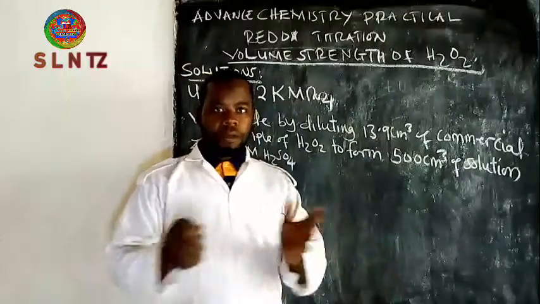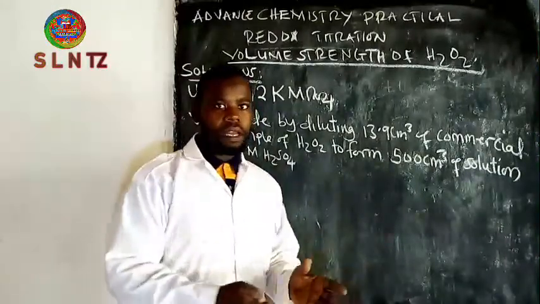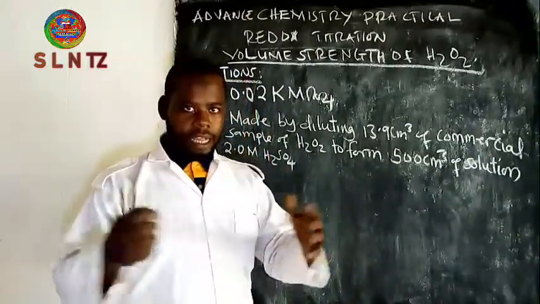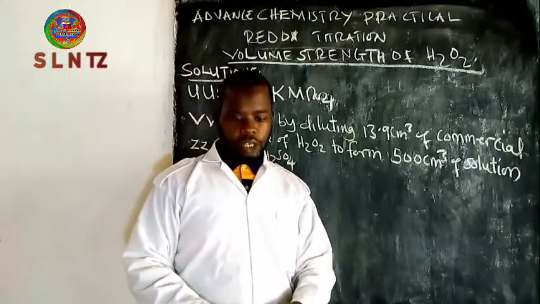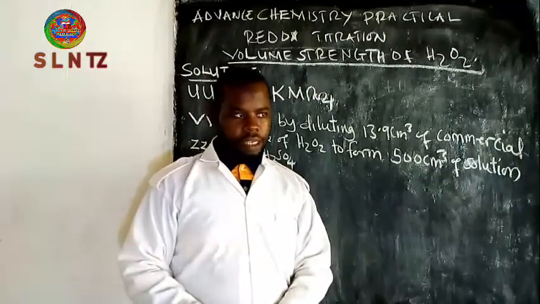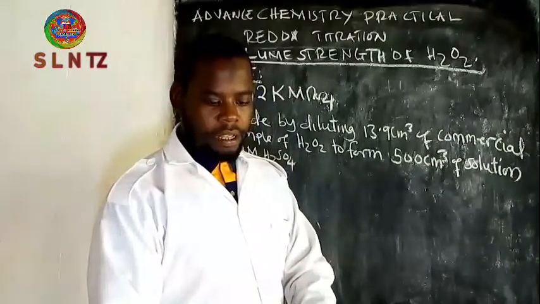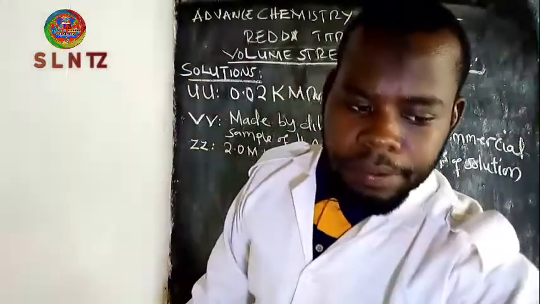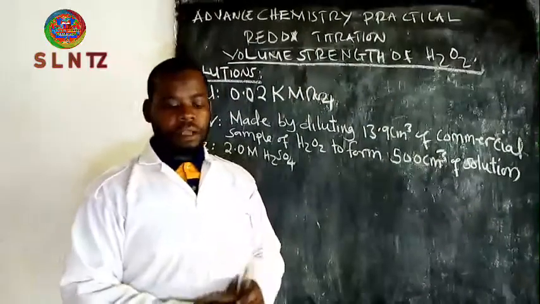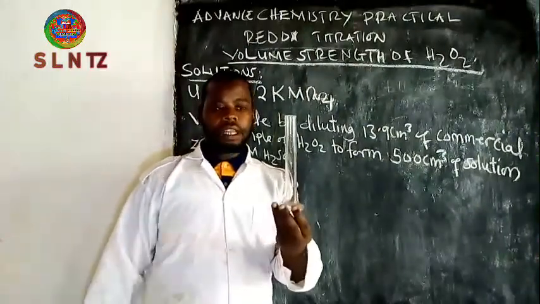One step at a time, I will show you, and I will show you the ending color of our experiment. Let's restart. After filling the burette, we are going to pipette, or we can measure using a measuring cylinder of 50.